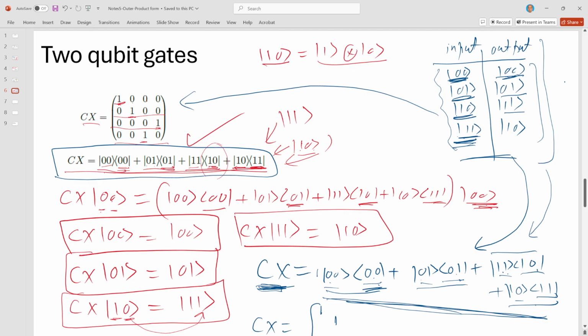This is |11><10|, so 11 is at the last column, and it's coming at the 10 position, so 0 0 0 1 in the third row, and nothing here, and this is the |10><11| position, the last one, so this 11 corresponds to the last position. So converting this outer product form to matrix representation is trivial. Writing the matrix directly is difficult, but writing the outer product form from the truth table of the operator is easy.